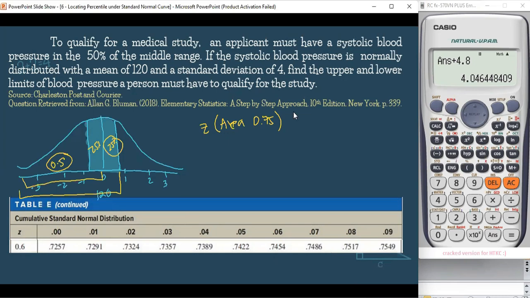So 0.7486 yung kukunin natin, and the z value for that is 0.67. Kaya siya po yung magiging z natin. The z po is equal to 0.67. Meaning to say, ito po, 0.67 siya.